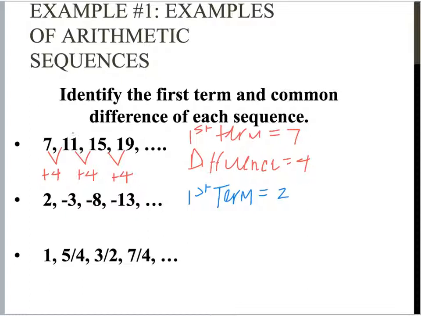Well, essentially what you do is you take your second number and subtract it from your first. Since these are negatives and we want to make sure we're doing these right, because the last one is actually fractions, this would be -3 minus 2, which is -5. Same deal over here. It would be -13 minus a -8. The difference is -5.